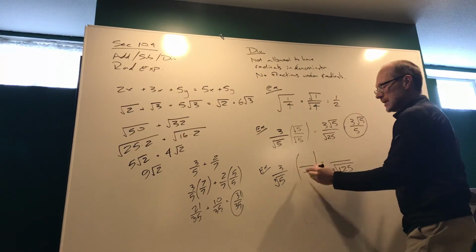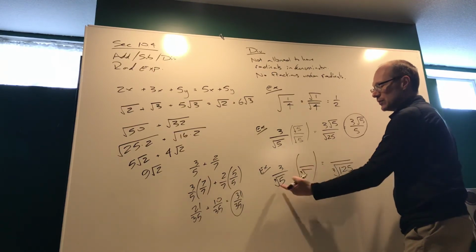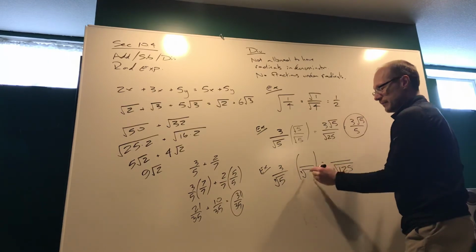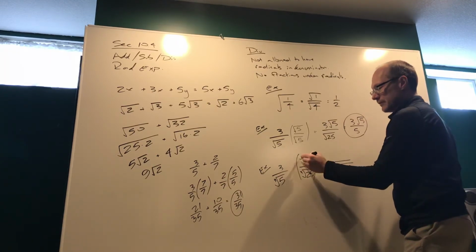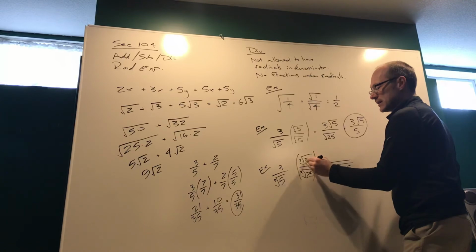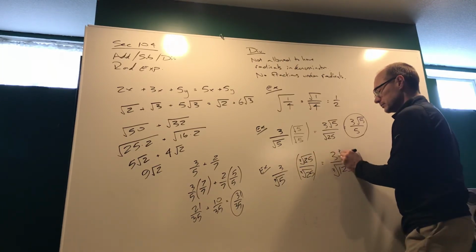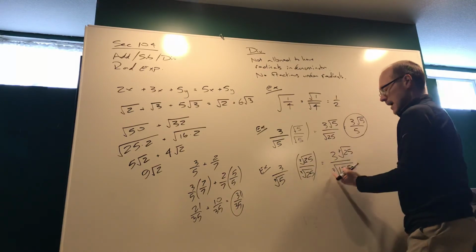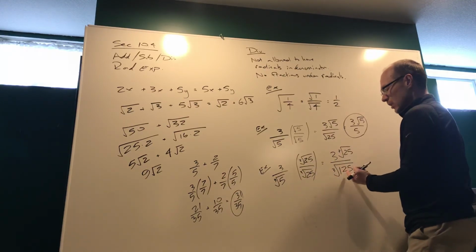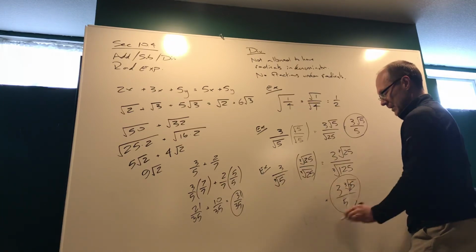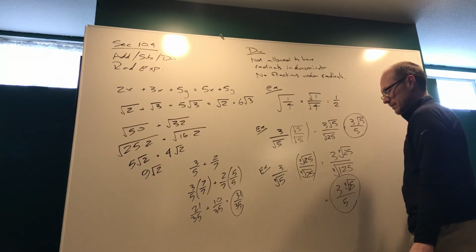Well, then what do I need to multiply the cube root of 5 by to turn it into 125? That'd be a 25. So if I multiply top and bottom by the cube root of 25, in the denominator I get the cube root of 125. What is the cube root of 125? That would be 5. And that is my simplified answer.